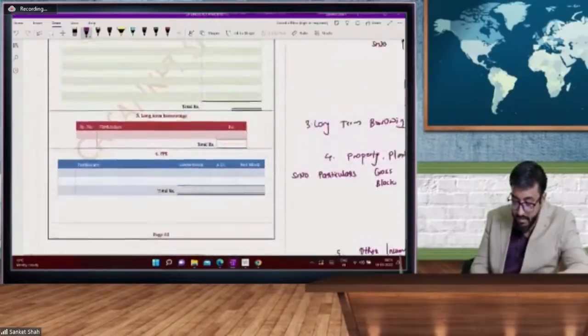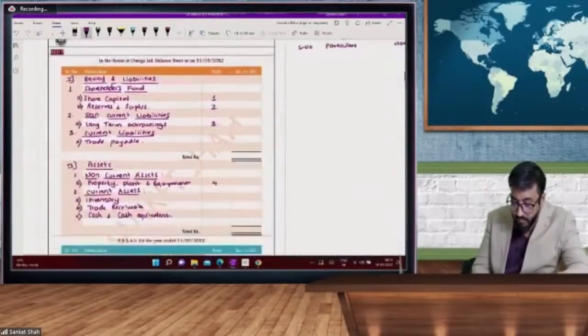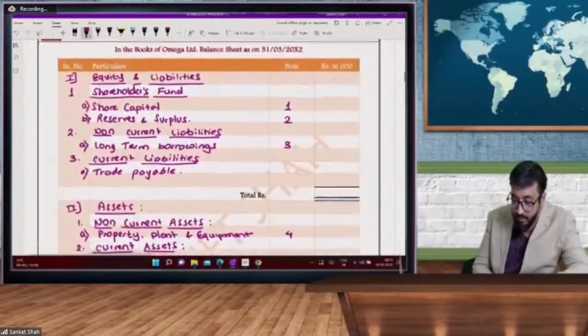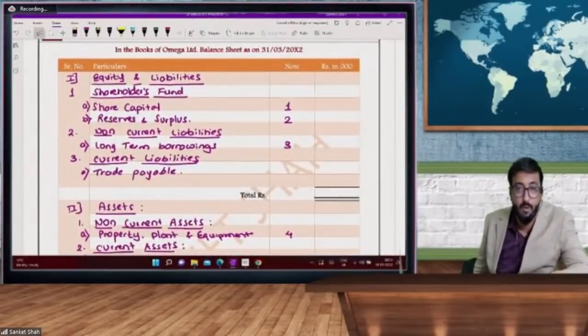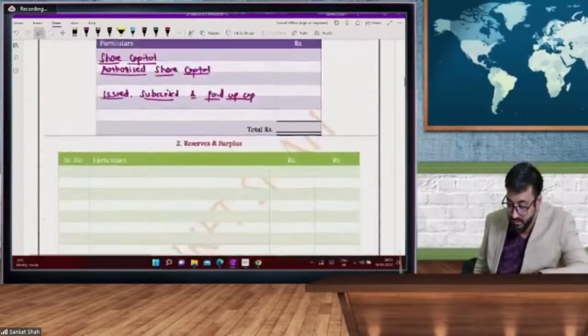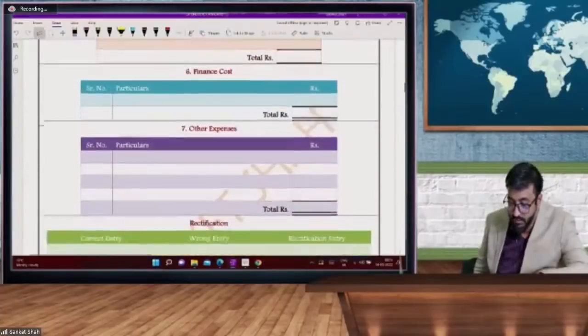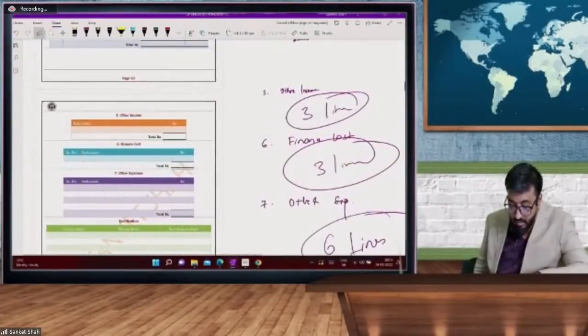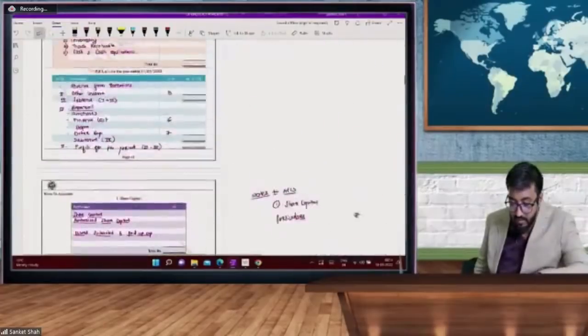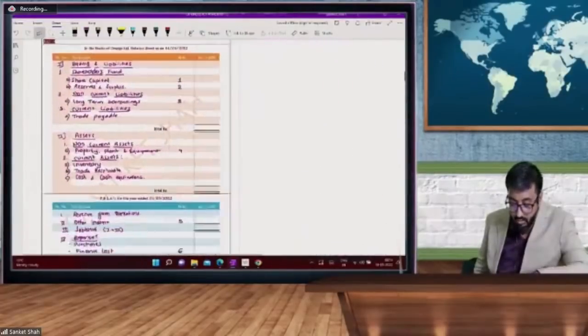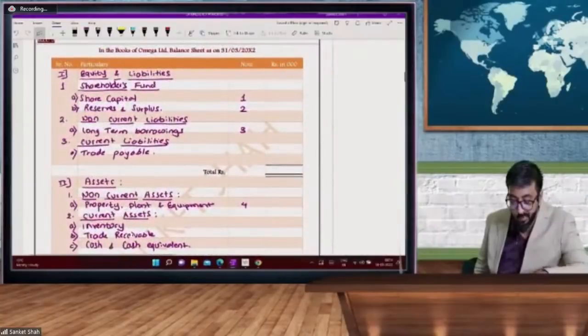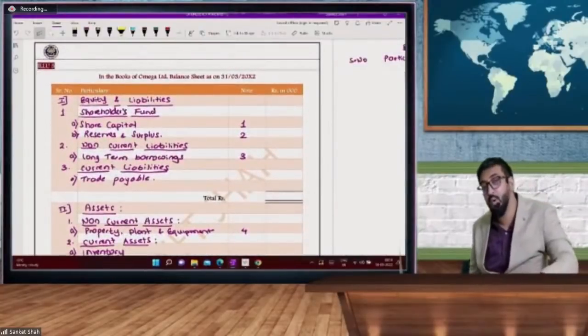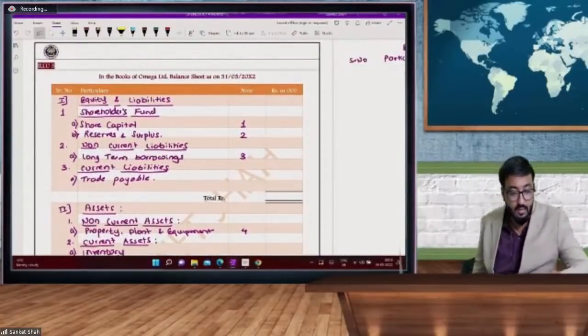Draw fast. Now format is over. So total 7 notes to accounts. Draw fast and tell me over.